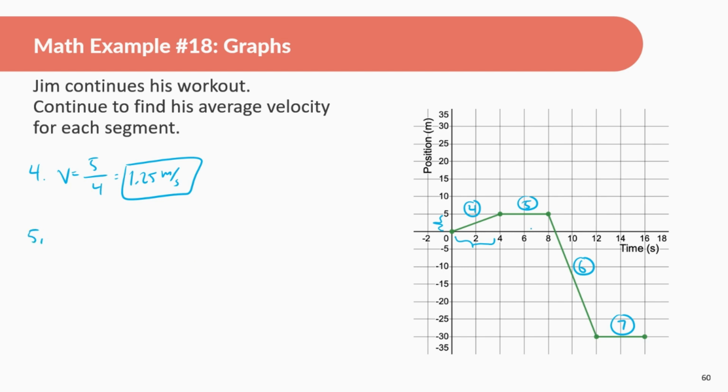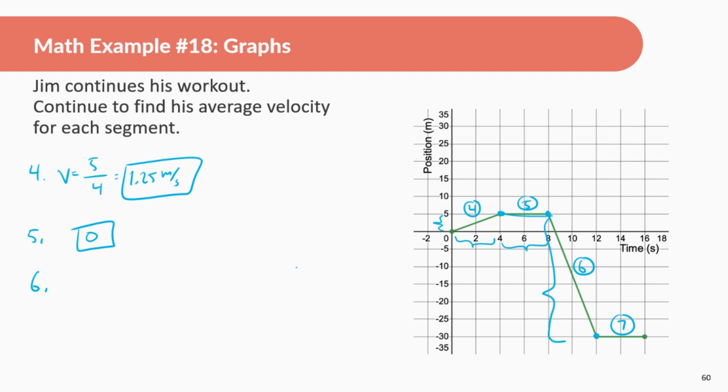Number 5, again, there's no rise. It starts at position 5 and ends at position 5. There is a run, it goes from 4 to 8, but no rise, so this is just going to be 0. Number 6 is a little bit tricky here. We see that it starts at 5 meters and ends at -30. So the rise, quote unquote rise, is going from here all the way to here.